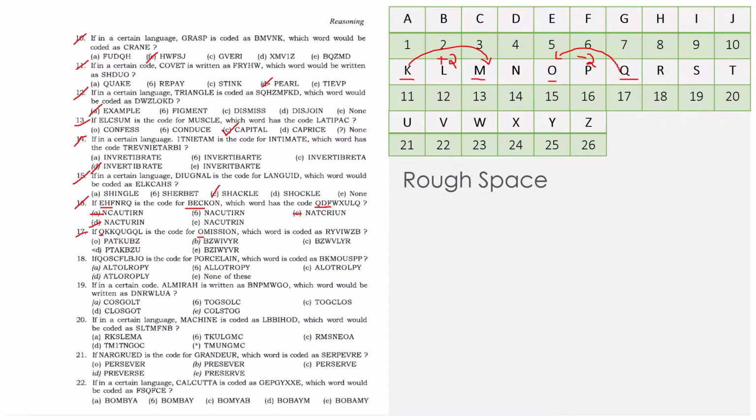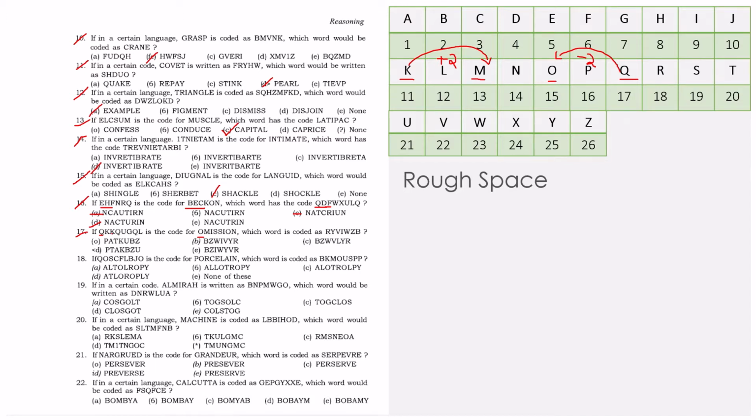So if this pattern follows, if you get -2 for the second one, your problem is done. So F and C. Yes, I'm sorry, I just went with the before question. You are in this question, right?